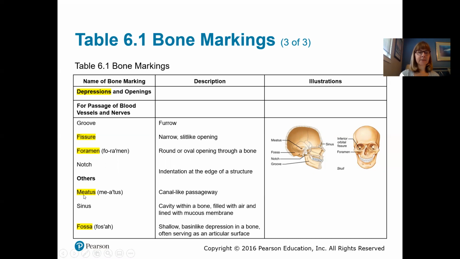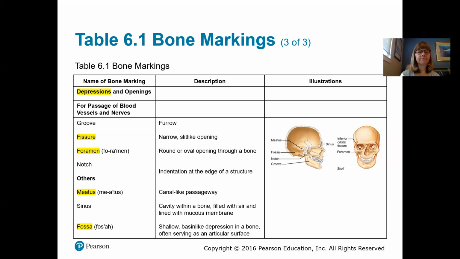And meatus, and I just think of that as like a meteor hole, like a meteor would leave a hole, and it's usually bigger than a foramen. It's like really meaty, and that's the canal. So a foramen might be that little bitty hole, like right there. But the meatus, I don't show it right here, but your canal is a meatus.